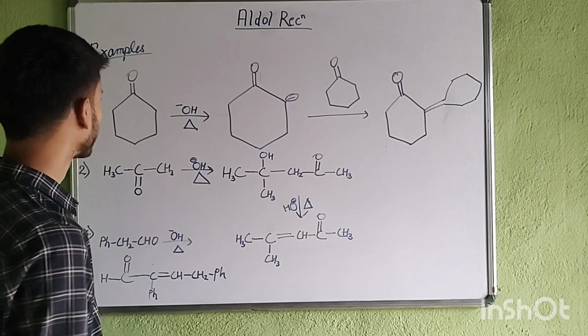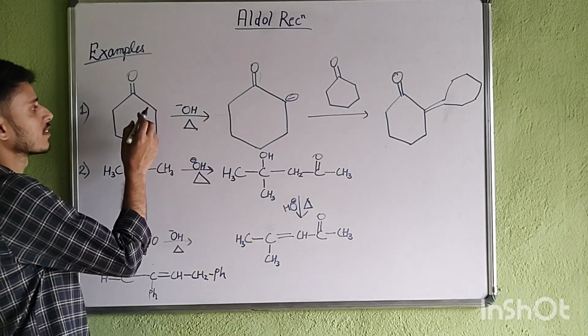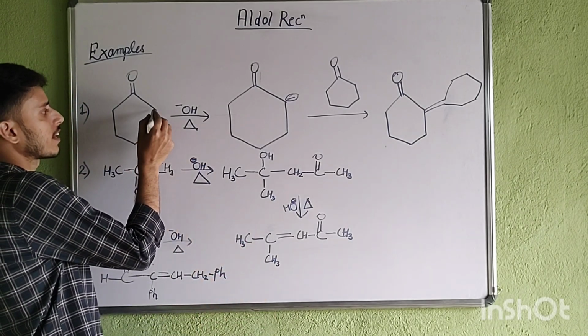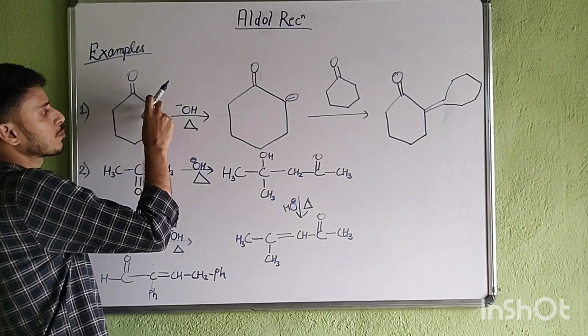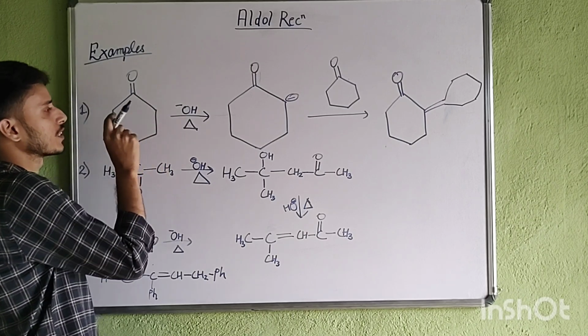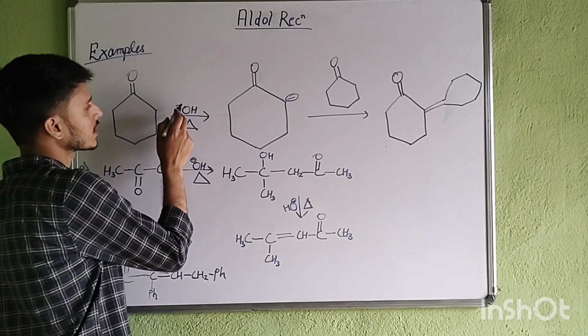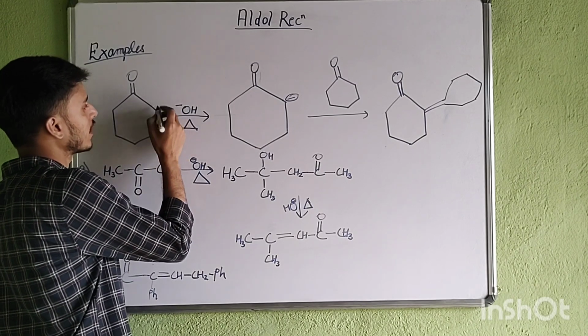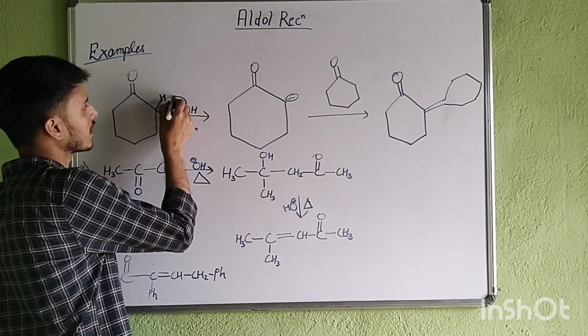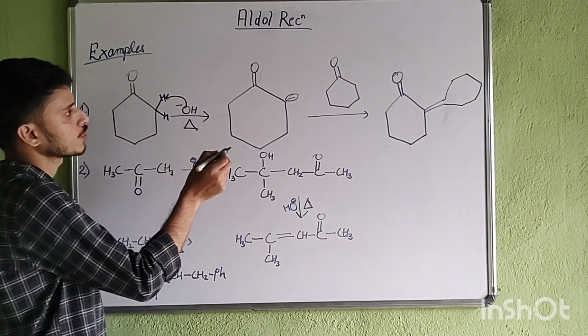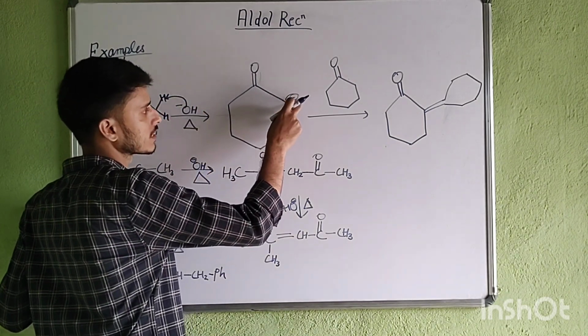Now look at some examples. Here, this is an alpha carbon, this is an alpha carbon. Alpha hydrogen is present here, alpha hydrogen is also present here. So the base can attack any of the alpha hydrogens. So this may attack here and extract this hydrogen, we will get this.